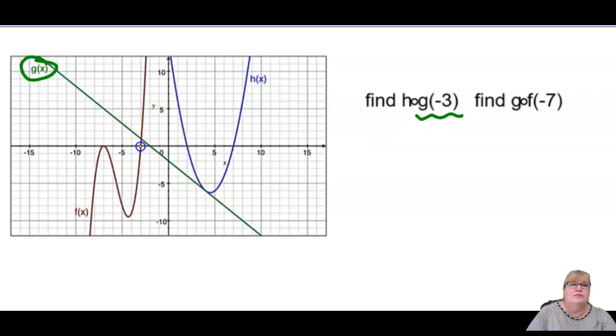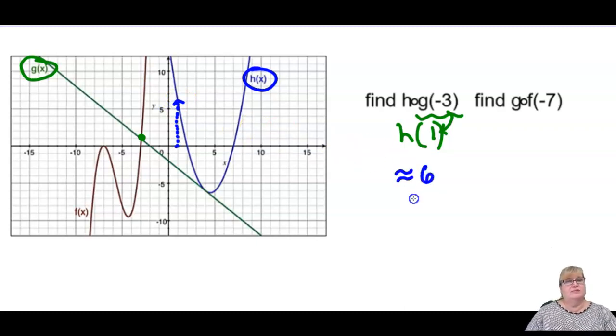At -3, right here, we were at +1. And then you're supposed to put that answer into h. And h is this blue one. And if I put a +1 in, it appears to me I get out about a 6. I'm going to say approximately 6, because that one's kind of hard to see.